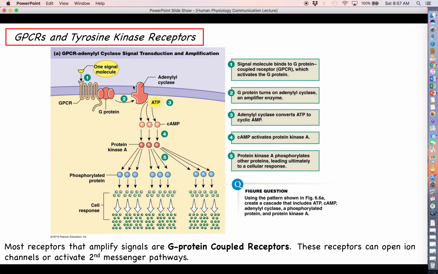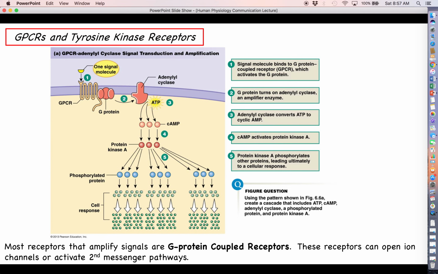In this case, the amplifier enzyme is called adenylyl cyclase, or you might sometimes hear it called adenylate cyclase.